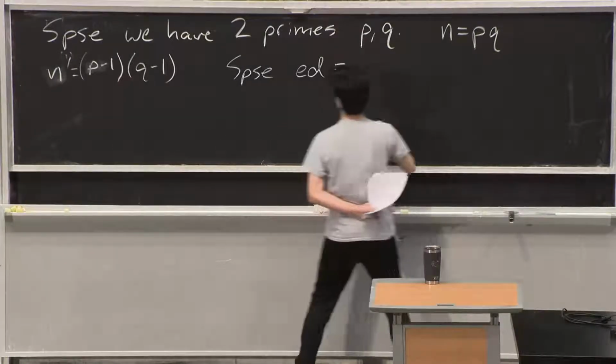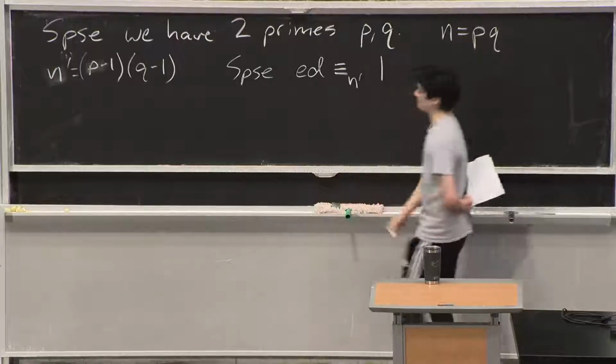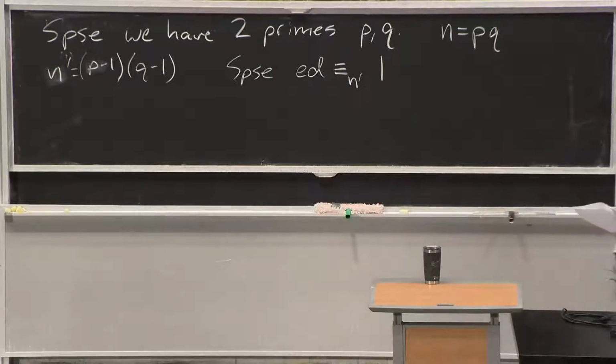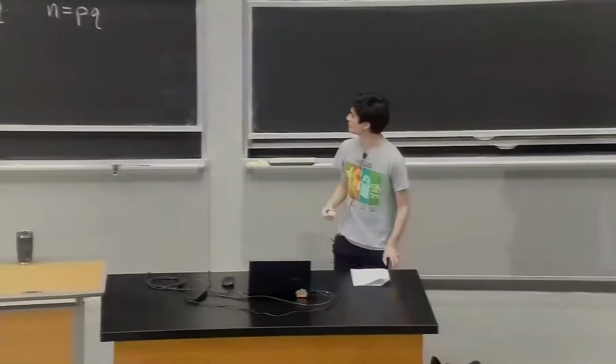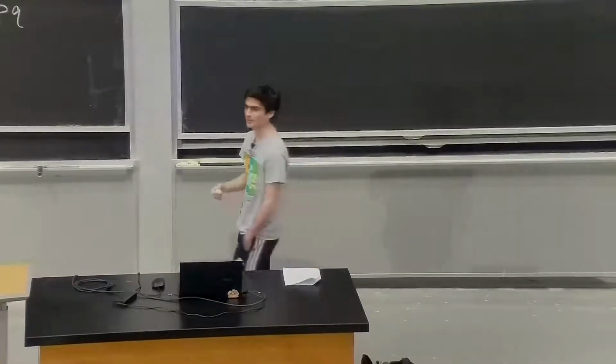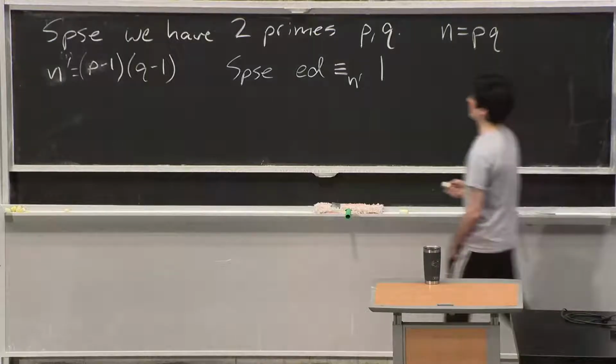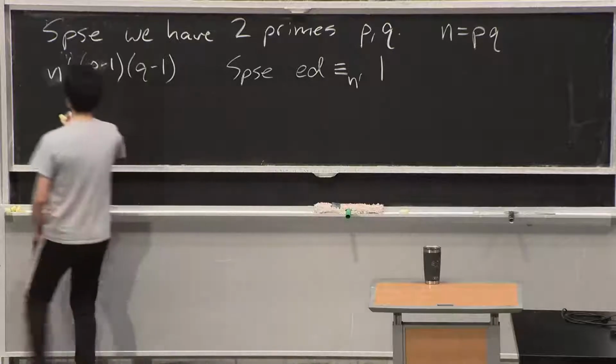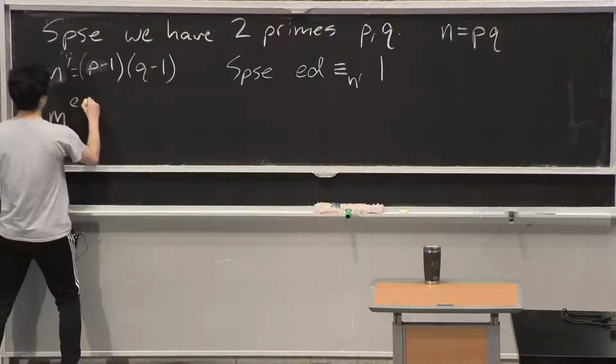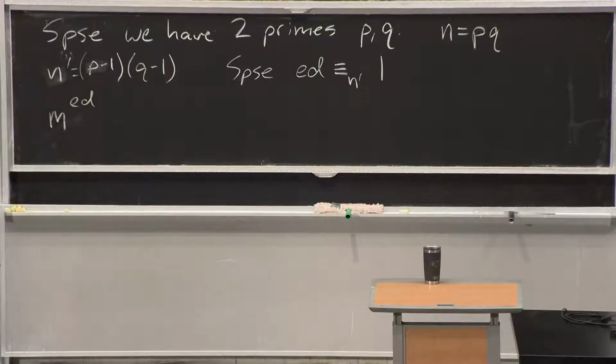Congruent mod N prime to 1. Okay. What happens if we take M and raise it to the ED power? What is this equivalent to mod N?